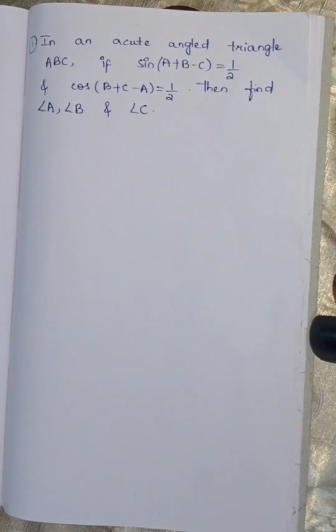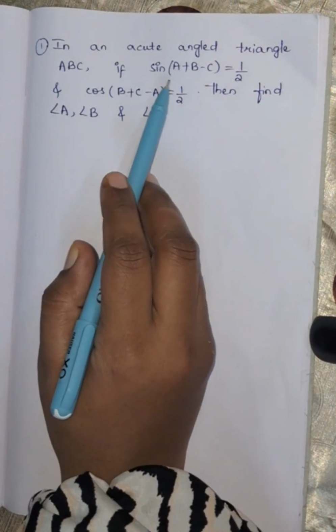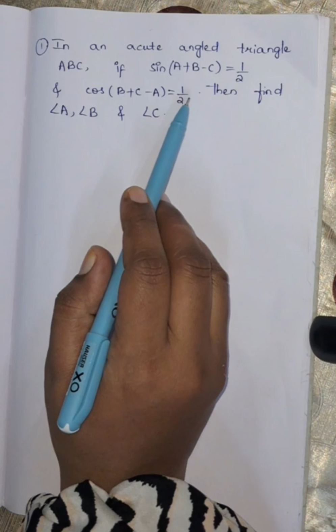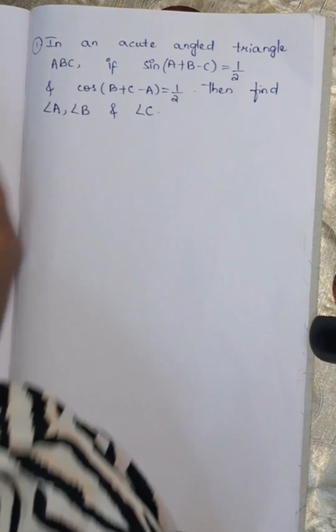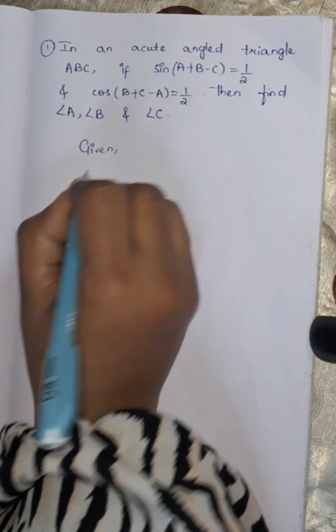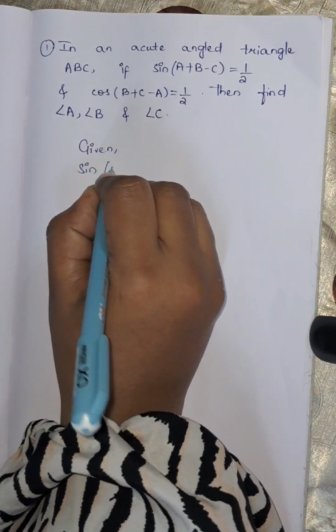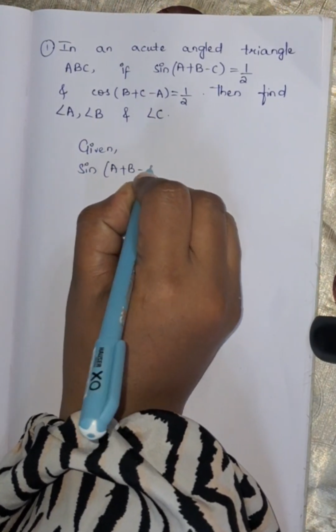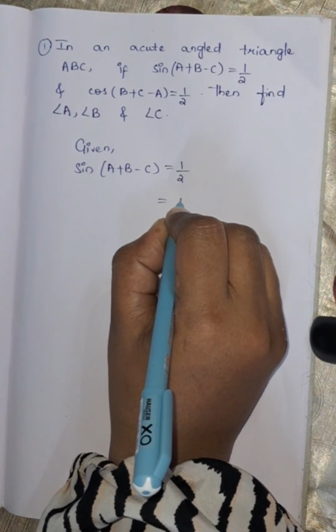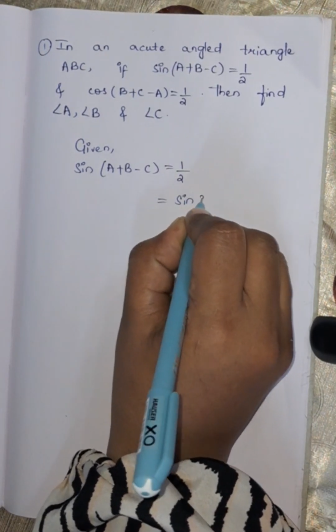So our question is, in an acute angled triangle ABC, if sin(A + B - C) = 1/2 and cos(B + C - A) = 1/2, we have to find all the angles. So first let us write the given things. Given sin(A + B - C) = 1/2. So 1/2 is nothing but sine of which angle? Sin 30, right?